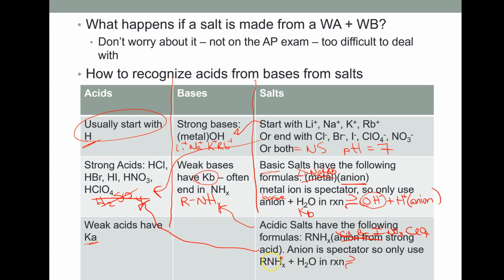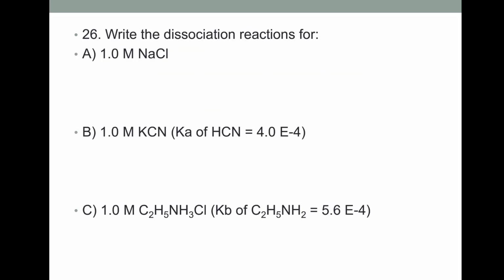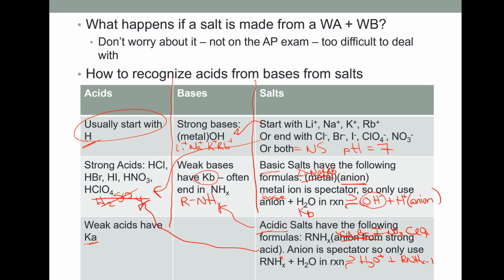Water is going to accept the proton. This is an acidic salt. You're going to get H3O plus and RNHX minus 1, because it donated one of the protons to the water.